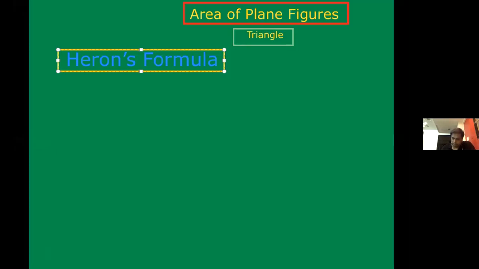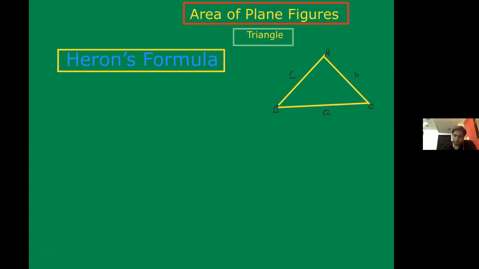Suppose my triangle is ABC, where BC has length a, AC is b, and AB equals c.